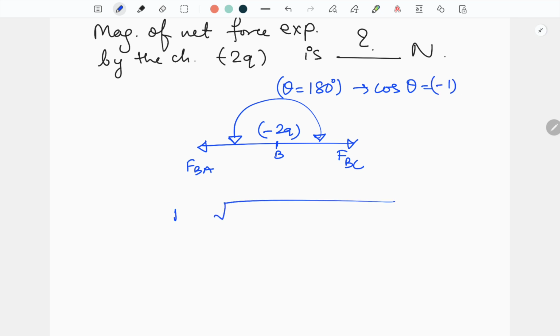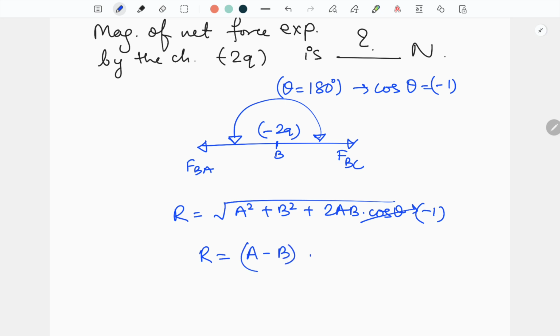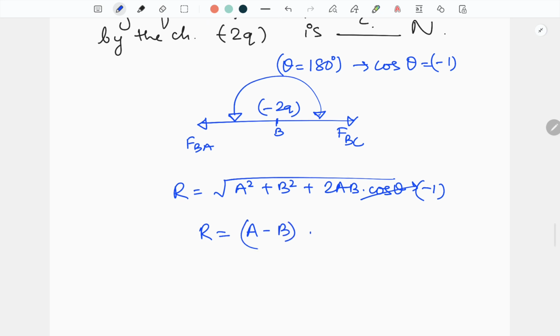So as a resultant of this parallelogram of vector addition, R = square root of a square plus b square plus 2ab cos theta, you will get R value as, if this becomes minus 1, a square plus b square minus 2ab, this becomes a minus b whole square, this becomes a minus b outside. Okay, so simply you have to find the larger force and the smaller force and subtract the smaller force from the larger force, you will get the resultant here.